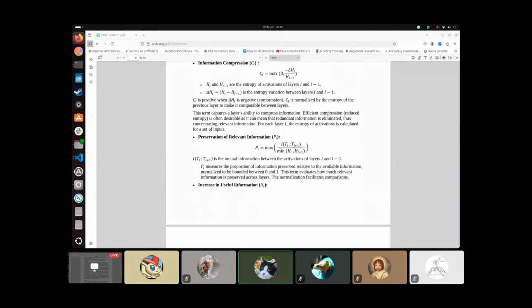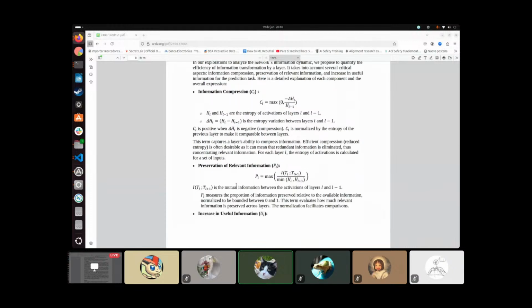The global efficiency, I don't know how they're picking alpha, beta, and gamma.